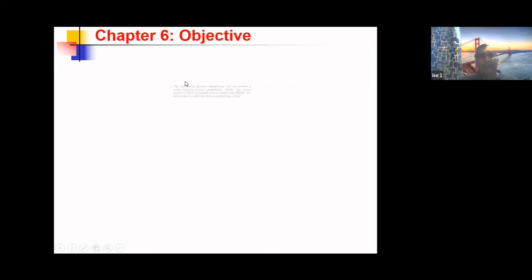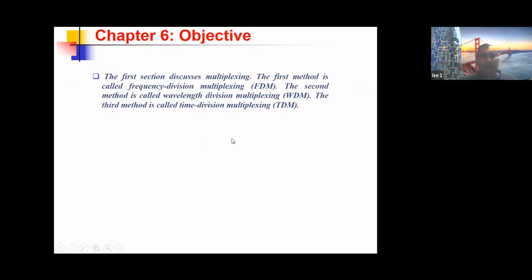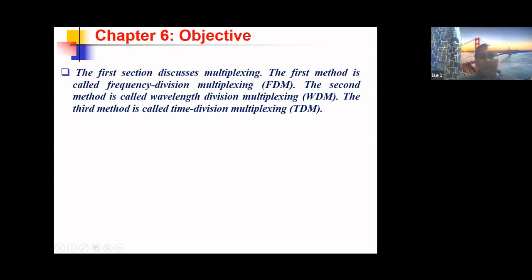Okay. So basically, there are three types of multiplexing: frequency division multiplexing, wavelength division multiplexing, and time division multiplexing. Under time division multiplexing, we will have further subdivisions, right? The acronym for frequency division multiplexing is FDM.